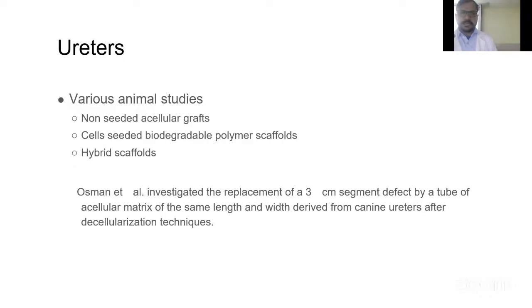A study conducted by Osman et al. investigated the replacement of a 3 centimeter segment defect by a tube of acellular matrix of the same length and width derived from canine ureter after a decellularization technique.